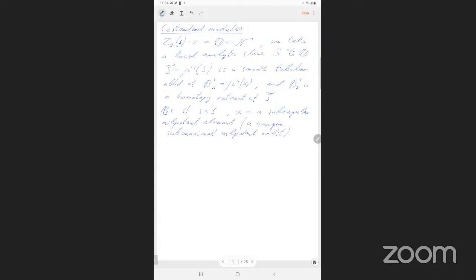So say in type A for GL_N, X is the big Jordan block plus just one zero matrix like this.